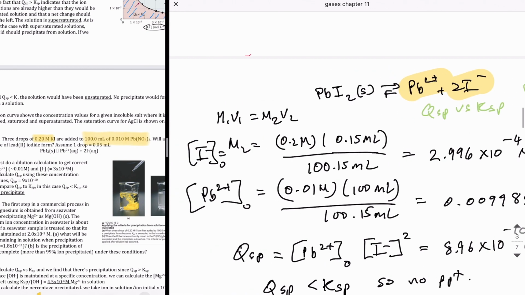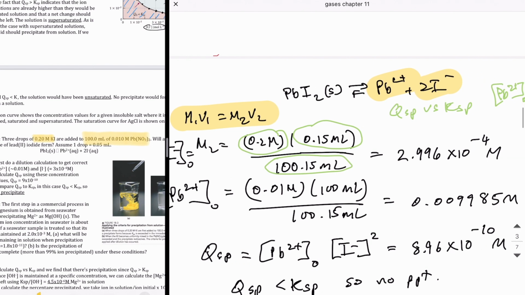I can calculate it using my standard dilution calculation here, M1V1 equals M2V2, because I'm mixing 2 different ions, right? So for the iodide, I started with a concentration of 0.2 molar. It's 3 drops, each drop 0.05, so 3 drops, 0.15 milliliter. And then this bottom number here is the total volume after you mix the iodide and the lead ions together, giving you this new concentration for the iodide.